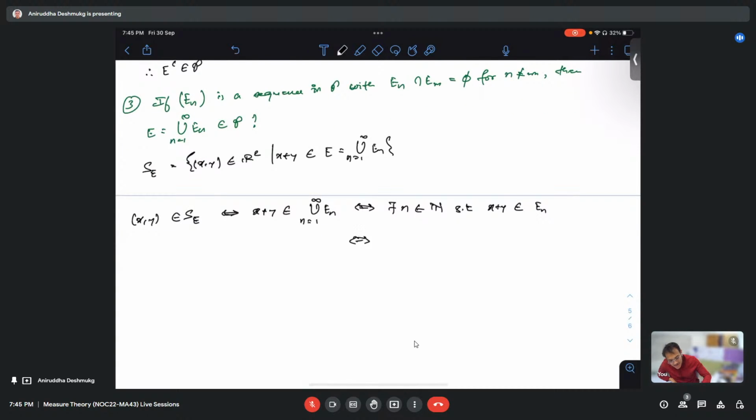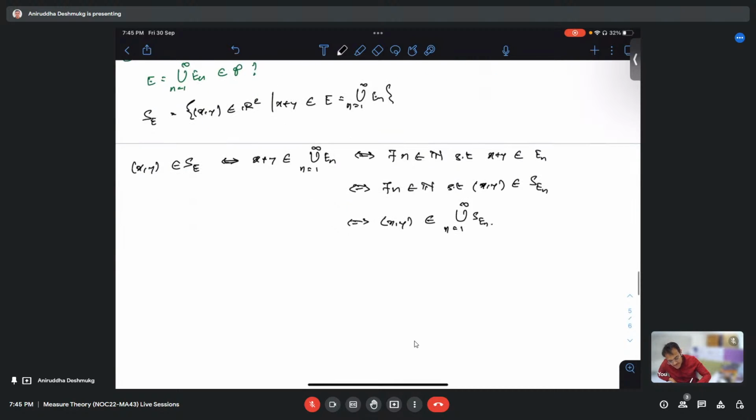But then this is same as saying there is some n such that (x, y) is inside SEn, which is same as saying (x, y) is inside the union of SEns. Therefore, we have proved that SE is equal to union of SEns, which is inside BR cross BR.